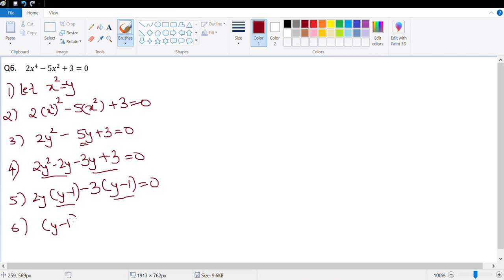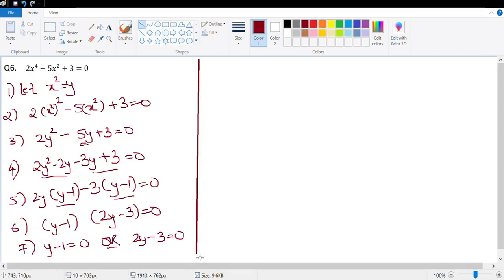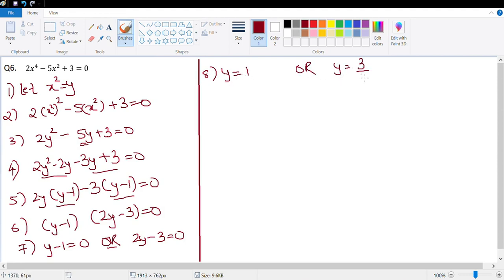So we have y minus 1 times 2y minus 3 is equal to 0, which means y minus 1 is equal to 0 or 2y minus 3 is equal to 0.